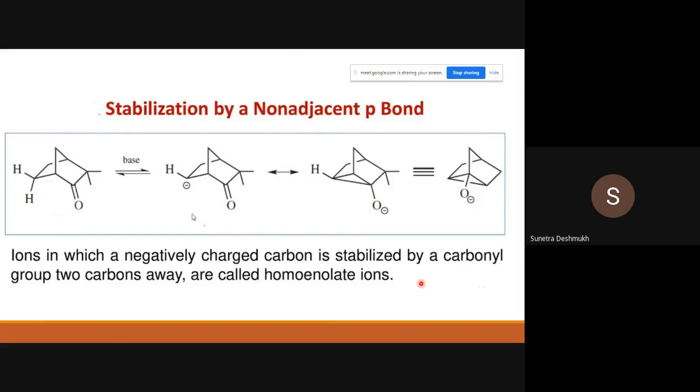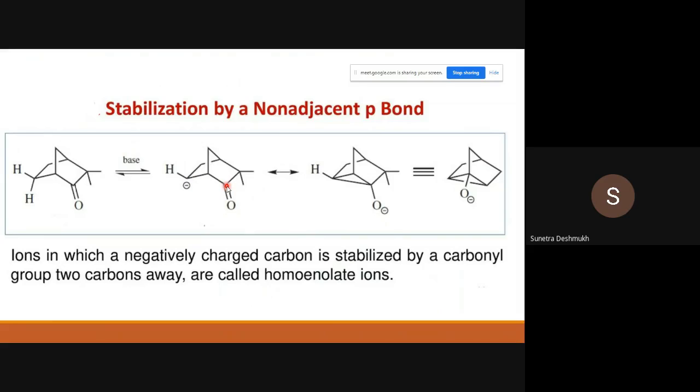These are bicyclic compounds, such as a bicyclic ketone, camphor, and so on. If we treat a bicyclic compound with a strong base, it generates a carbanion, and neighboring group participation happens. Now, the carbonyl group is not adjacent to the negatively charged carbanion.